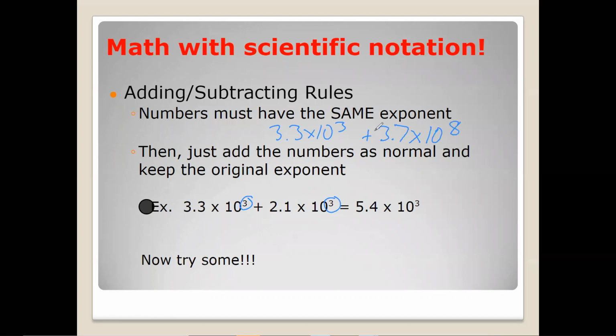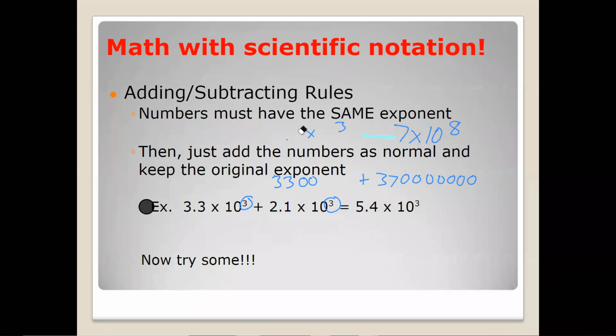You may not easily add those numbers together because the real form of those numbers is what? 3300 plus 370,000,000, I believe. Because that would be the two numbers you're actually adding. You wouldn't actually be adding the 3.3 plus 3.7. That's not how that works.